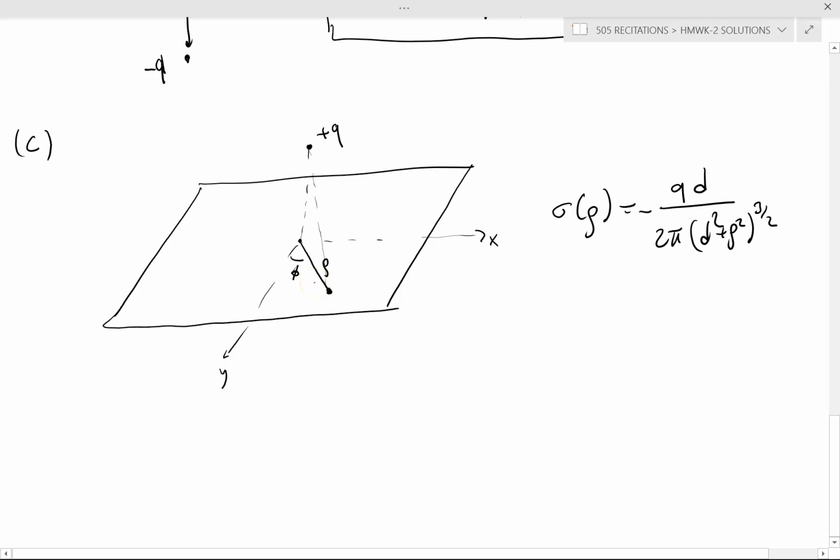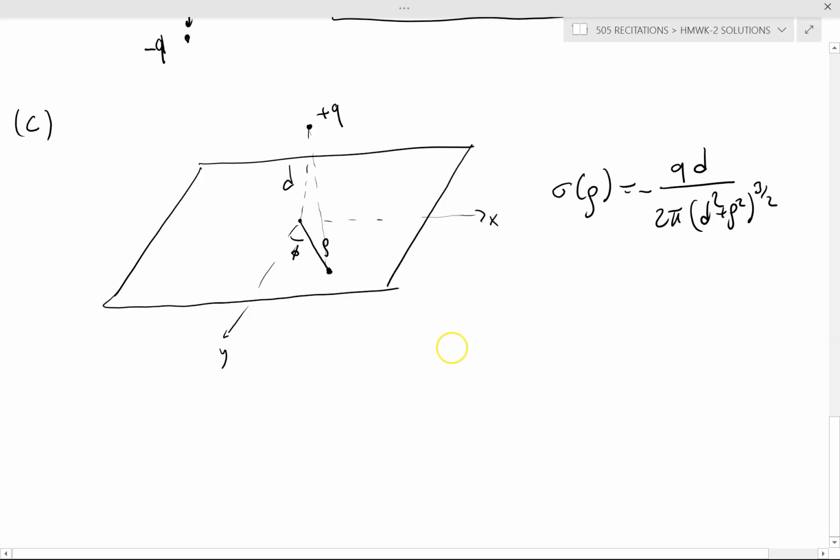Let's calculate that one. Rho and d over here, right?